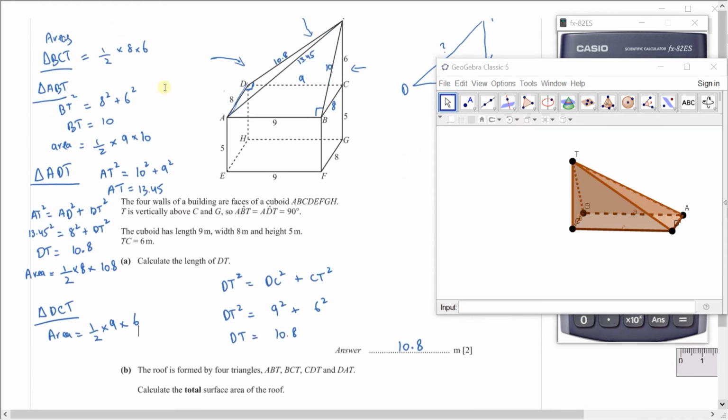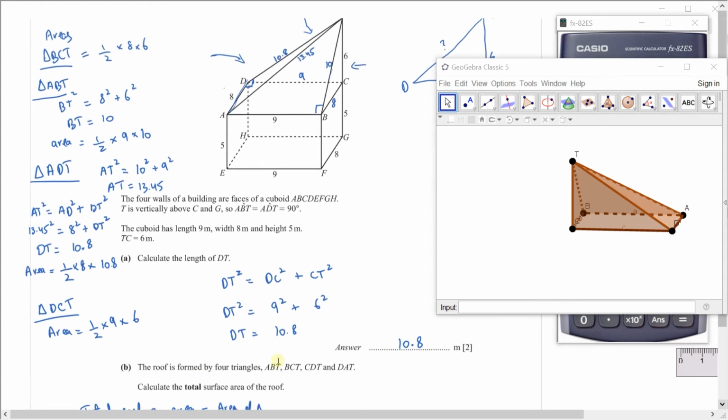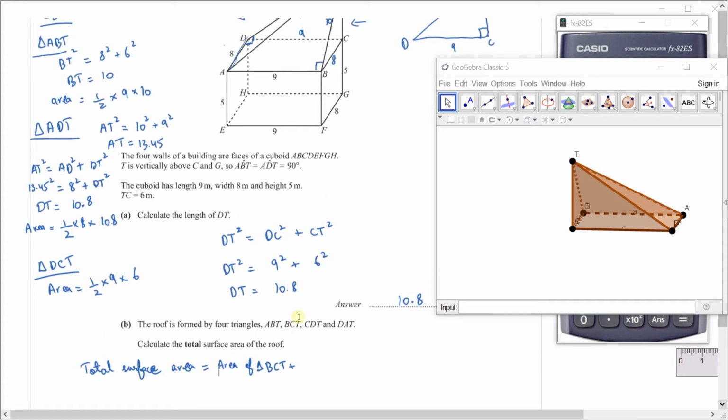So I can write total surface area will be the area of triangle BCT plus area of triangle ABT plus area of triangle ADT plus the area of triangle DCT.